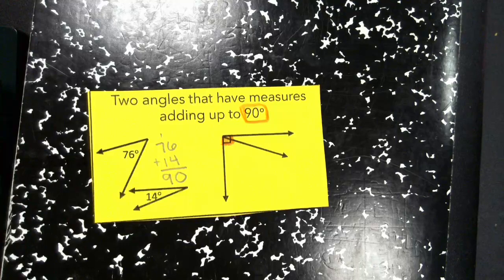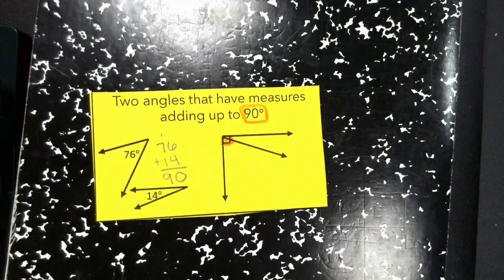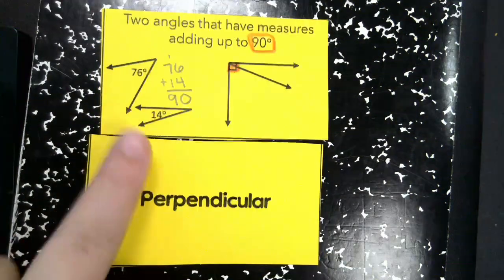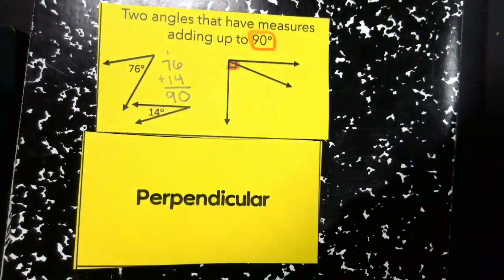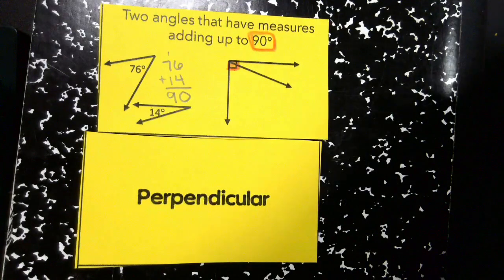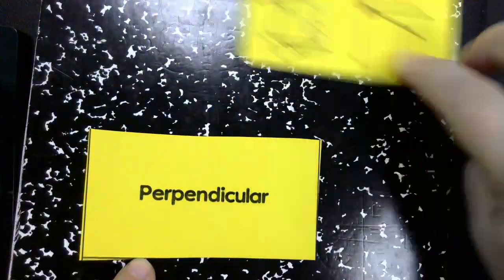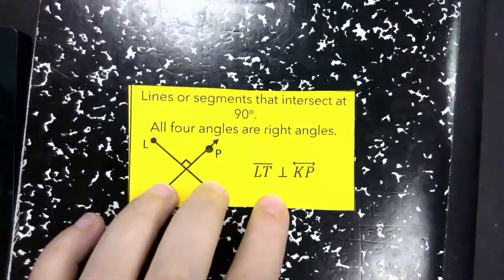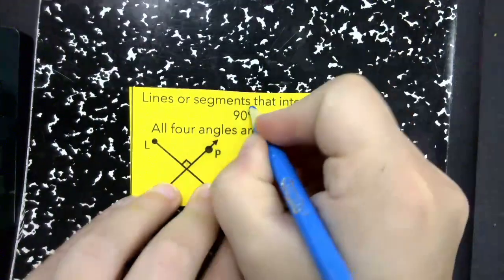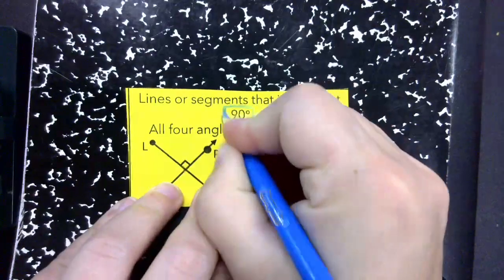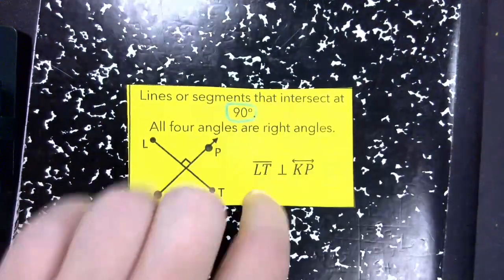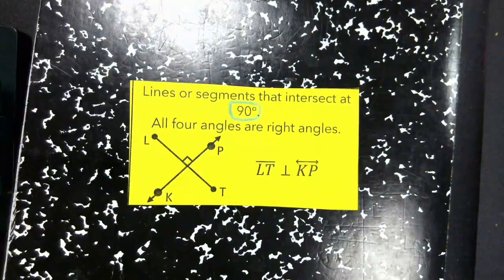Let's go to that word perpendicular. All right, perpendicular is lines or segments that intersect at 90 degrees. So where they cross makes a 90-degree angle.